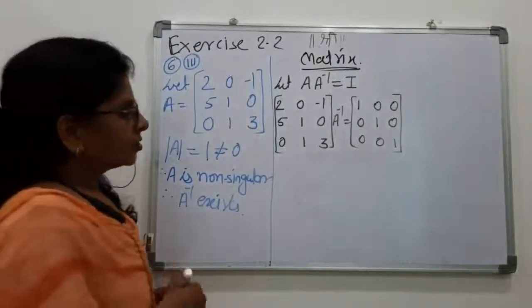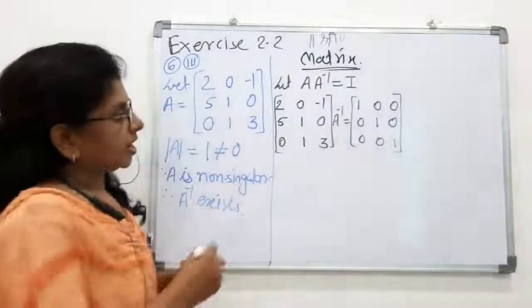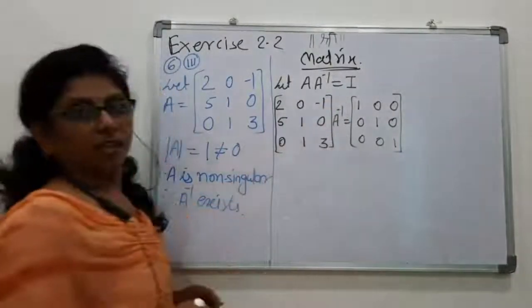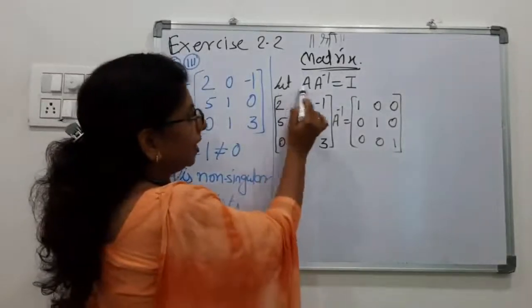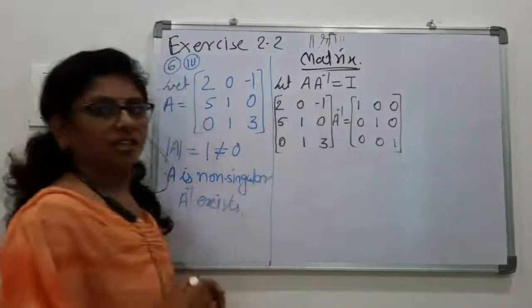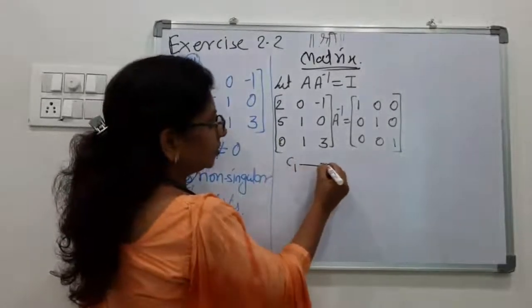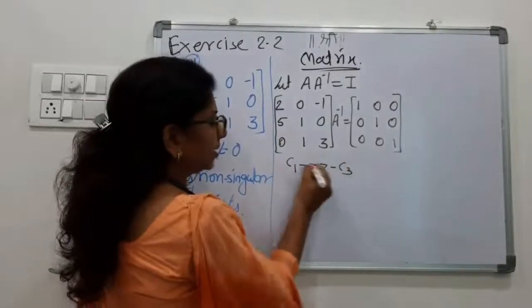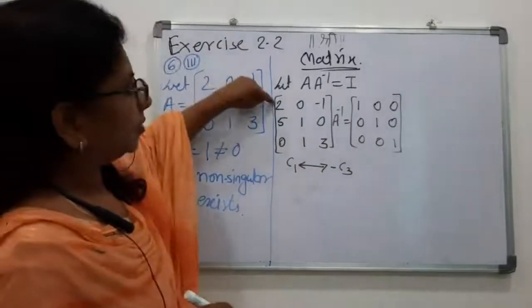Now see students, here there is 1, here there is 1, and to convert this into an identity matrix, we want 1 here. If we interchange C1 and C3, C1 to minus C3 and C3 at the place of C1, then we will get plus 1 here.